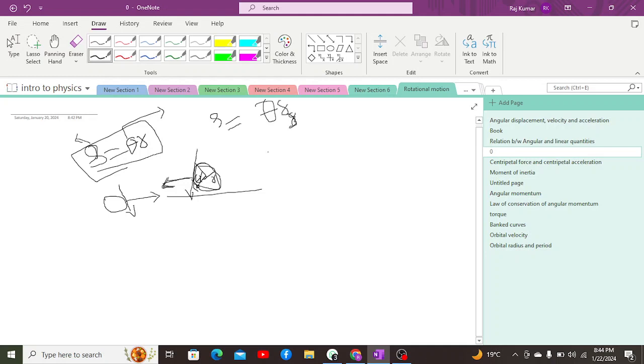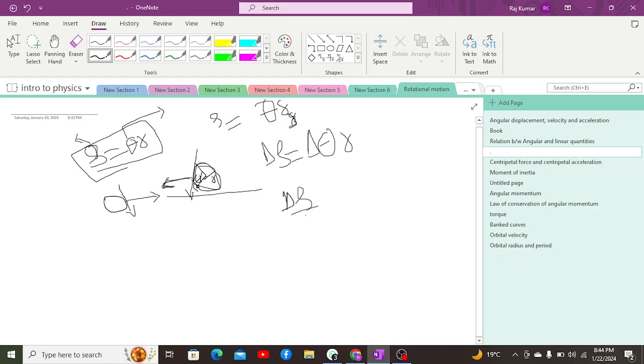Now here, first we are going to apply increment, because we are going to take the tangential distance and angular distance at a small interval of time. So applying increment, delta s is equal to delta theta r, right? Once we apply increment, we are going to divide it by delta t.